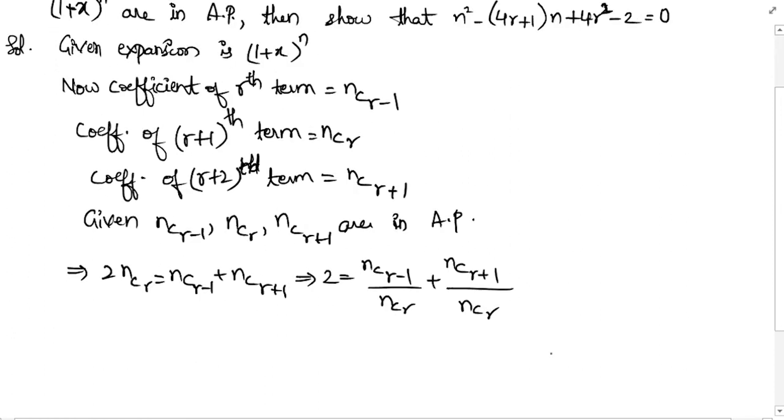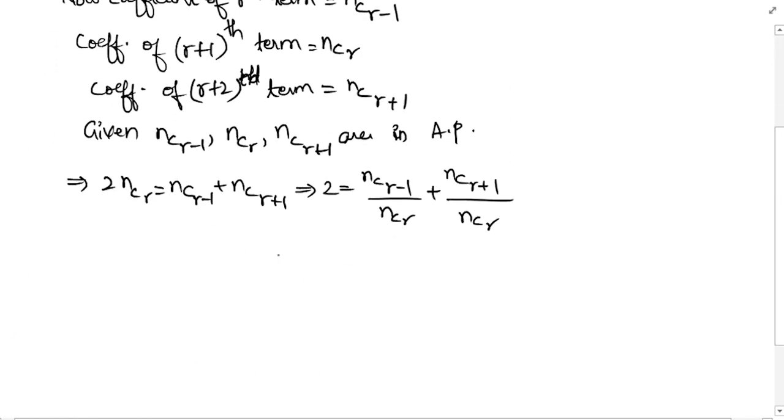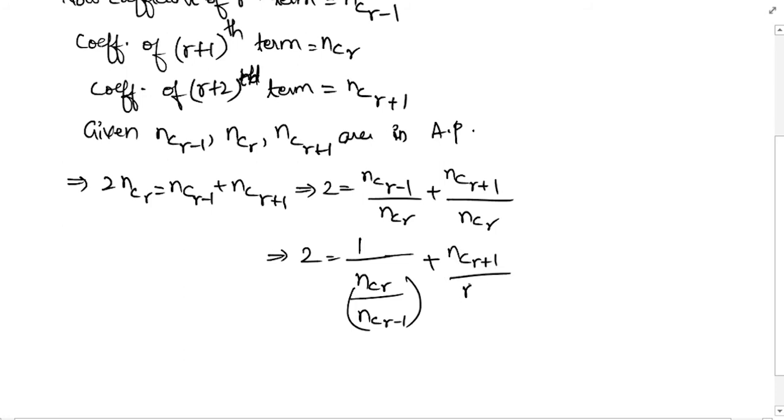That gives 2 is equal to r divided by n minus r plus 1, plus n minus r divided by r plus 1.